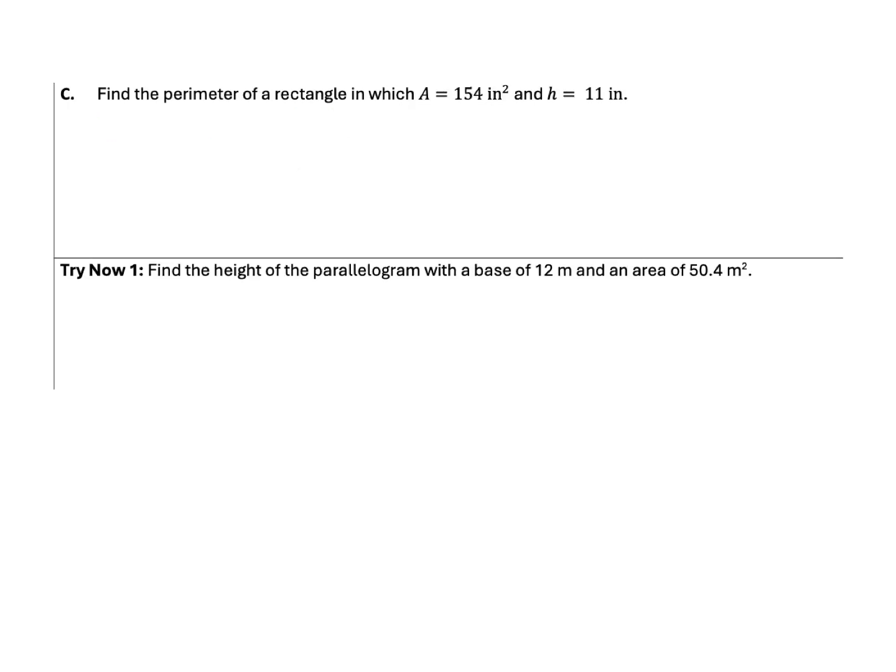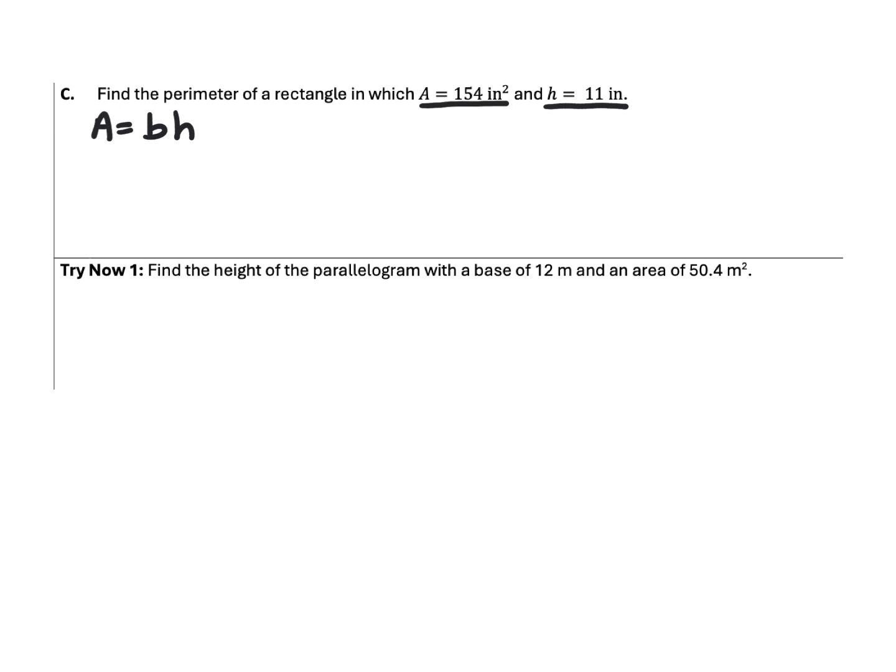For this next example, we want to find the perimeter of a rectangle in which the area is 154 square inches and the height is 11 inches. So the first thing I need to do is figure out what the base is. So let's go ahead and use the area formula for a rectangle, which is base times height, and we'll just use it in reverse.